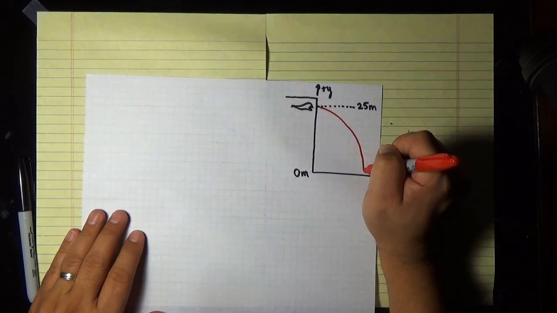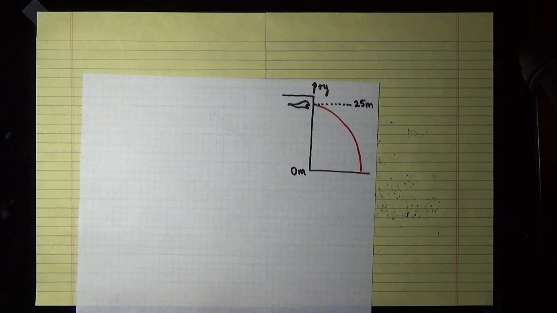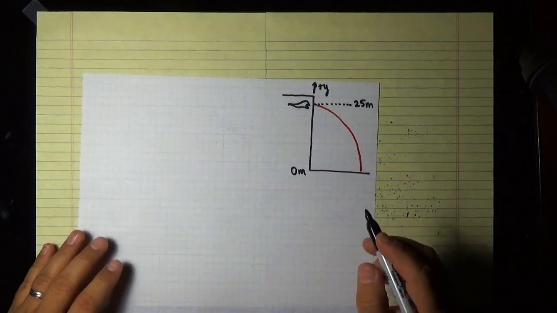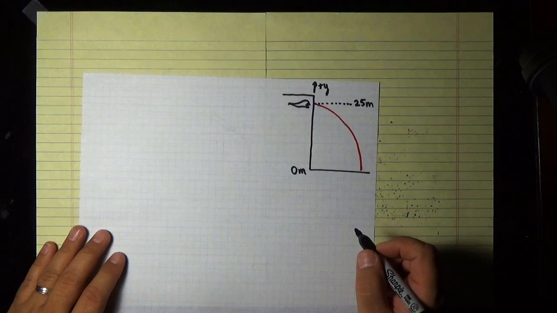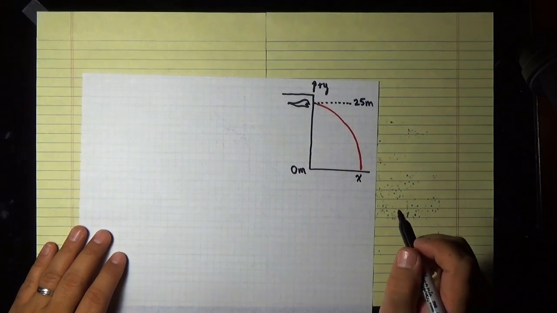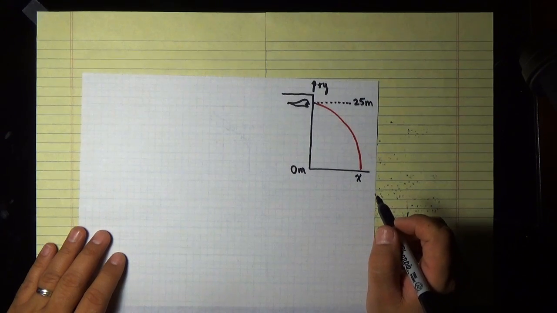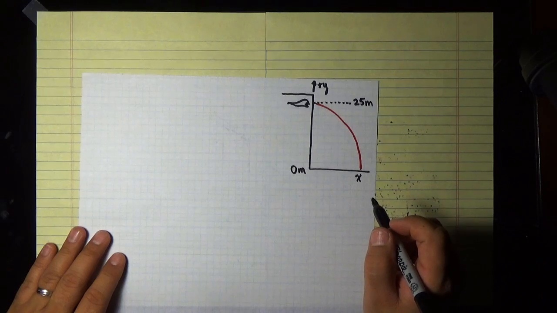It is a downward shaped parabola. Okay, and one of the things that we're asked to find is what is the final distance x where the graboid impacts the ground. Okay, so that's all the information that we're told.